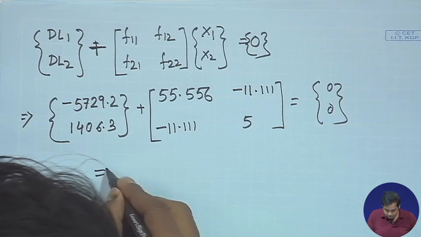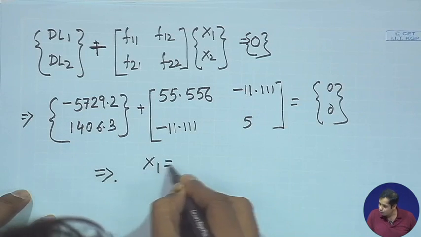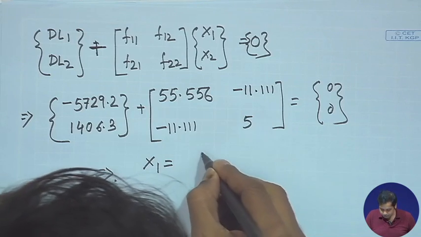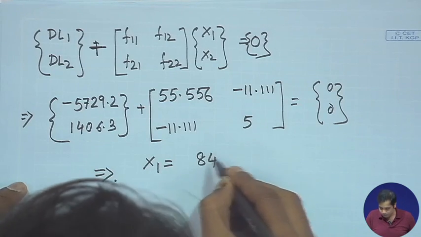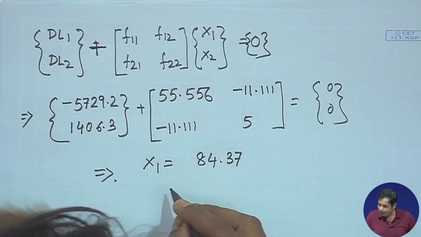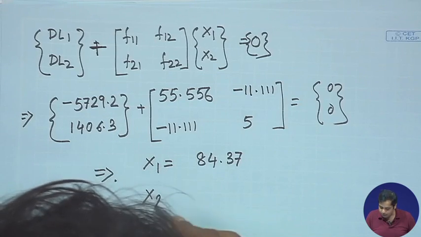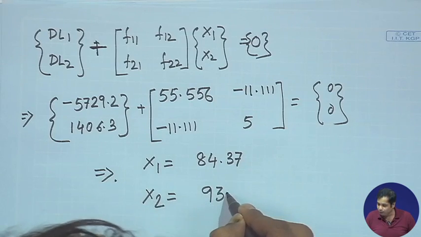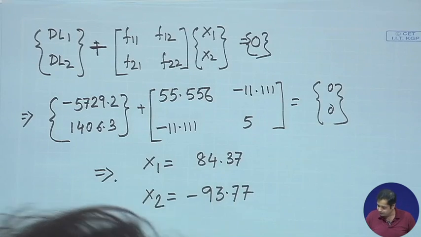Now, if we solve it, then we get x1 is equal to 84.37 and x2 is equal to minus 93.77. Okay.